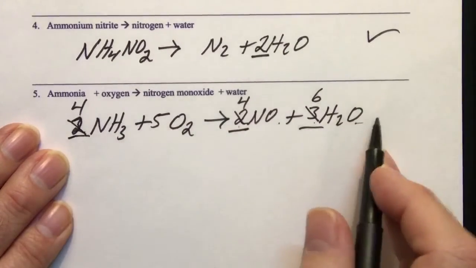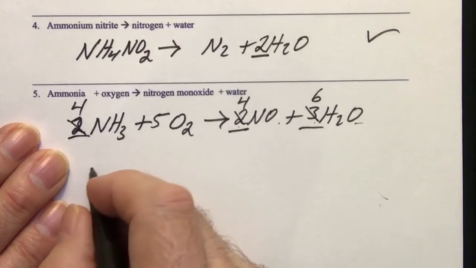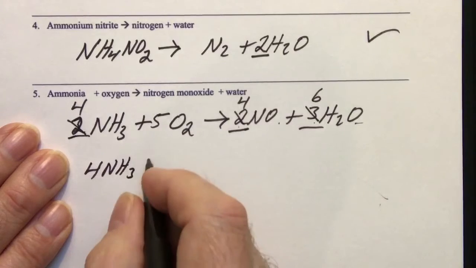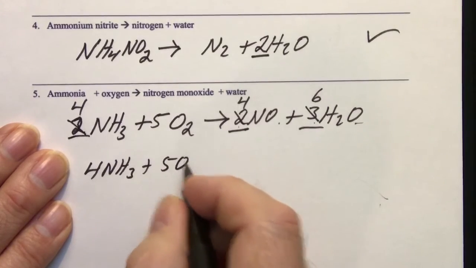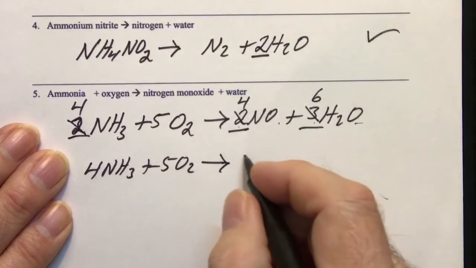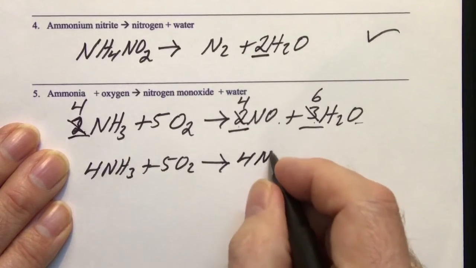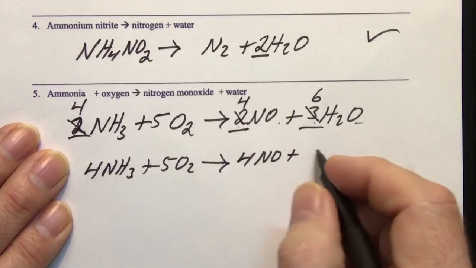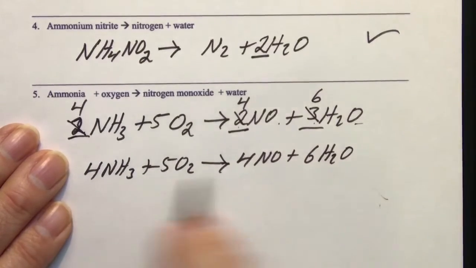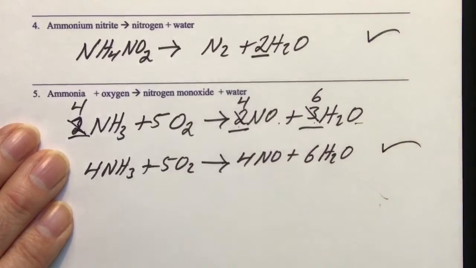When you do that kind of thing, clean it up. So let's rewrite it. 4 ammonias plus 5 oxygens produce 4 nitrogen monoxide plus 6 waters. And that is a balanced equation.